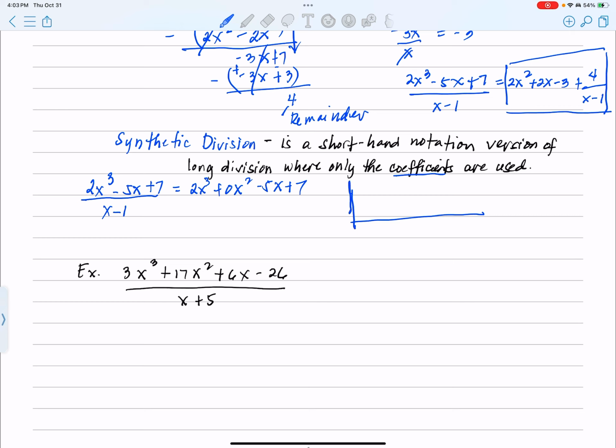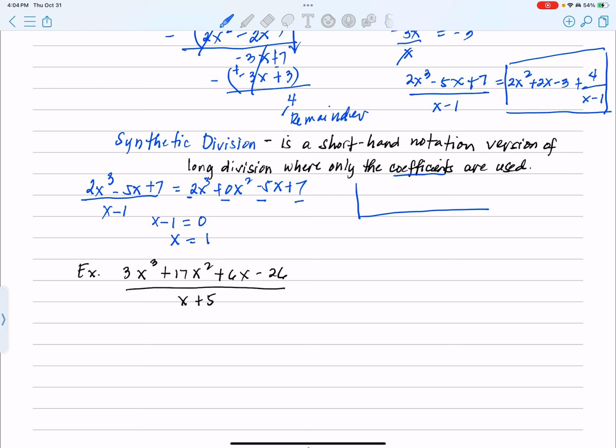All right. To do our divisor, let me rewrite this. We'll look at our divisor x minus 1 and equate that to 0. So that would be x equals 1. So we only need the coefficients.